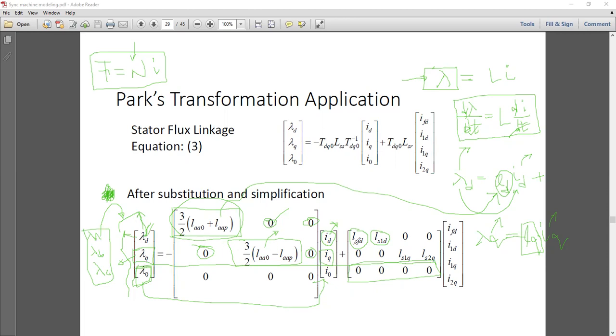Other than these three, we also had the field current, damper coil 1 along the D axis, and damper coils 1 and 2 along the Q axis. So lambda D would have some effect due to the flow of current in the field coil. So it would be IFD into LSFD plus I1D into LS1D. Similarly, you can write for lambda Q.